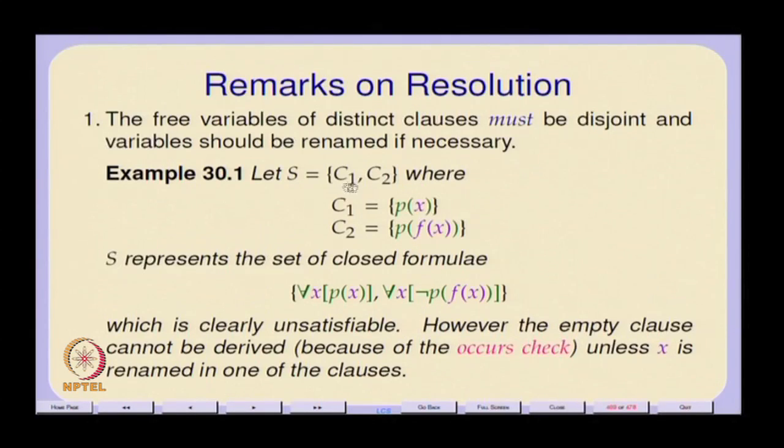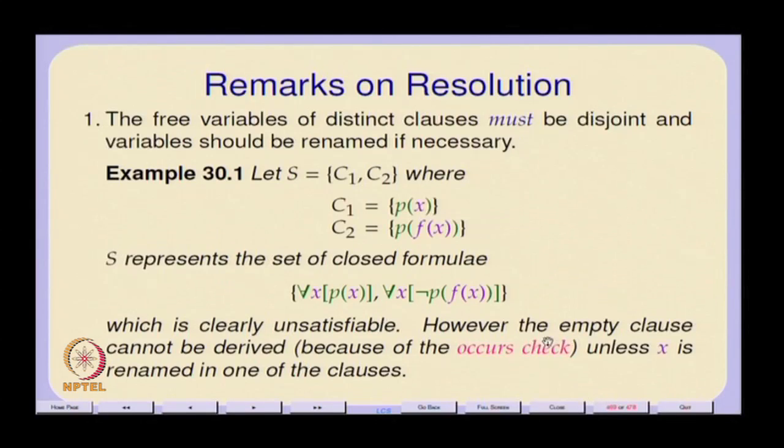If you take this set of two clauses, p x and not p of f x, where f is some unary function symbol, it is clear that this set of formulae is unsatisfiable, since for all instances of x that you can find, it is not guaranteed to simultaneously satisfy both of these.